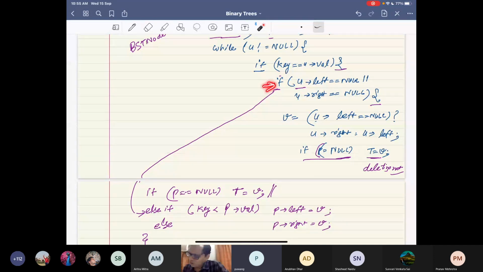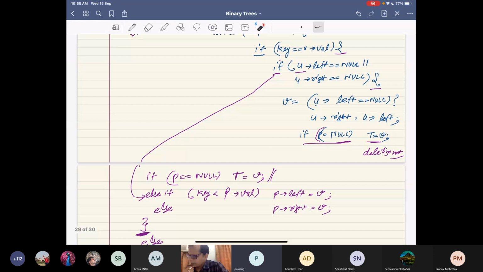In this if, you tried the first two cases, right? And accordingly, you are defining this. But then you would have the third case, that will be the else of this. If none of them is null, that means I have the case with two children. Key is equal to u dot well, but I have both the children.